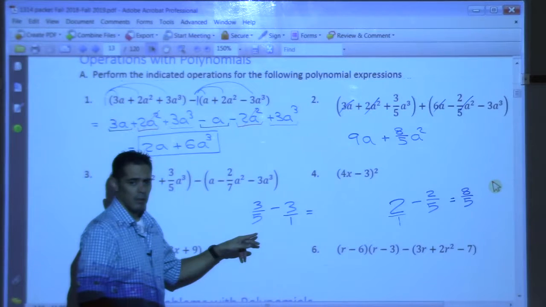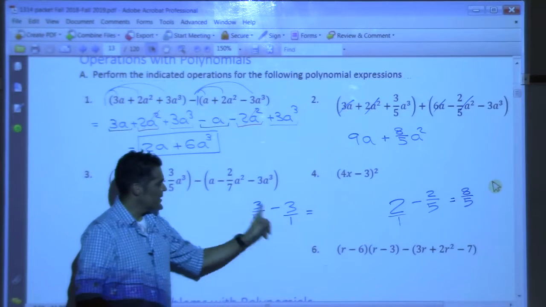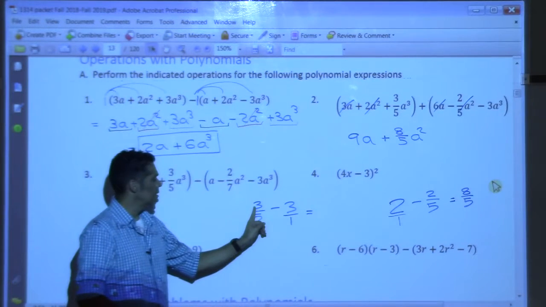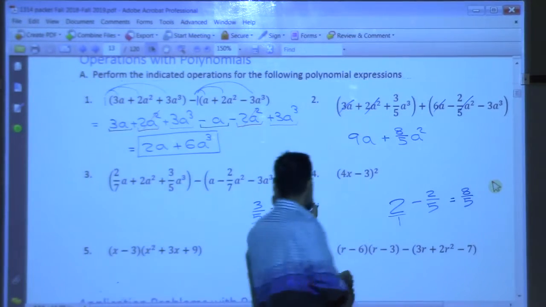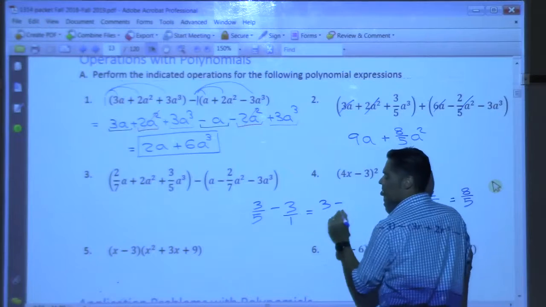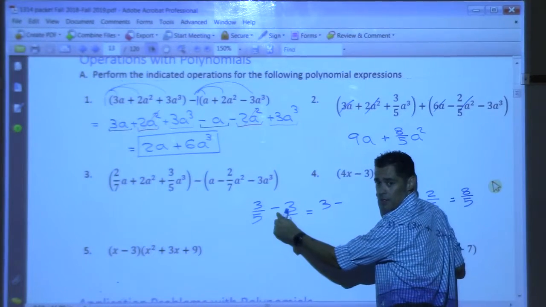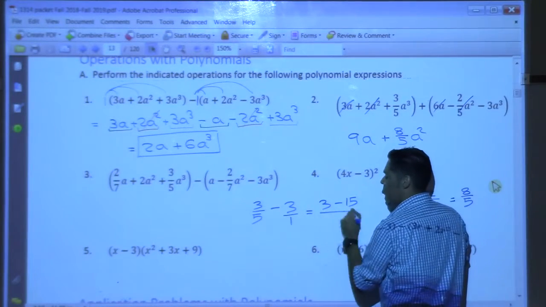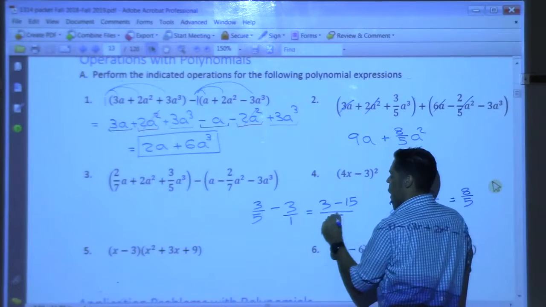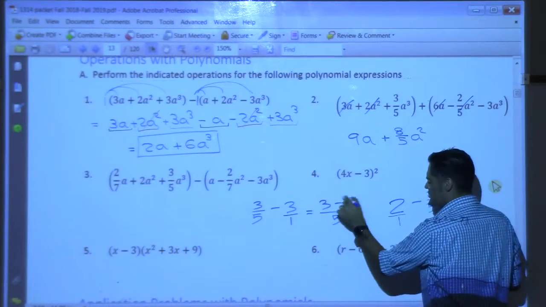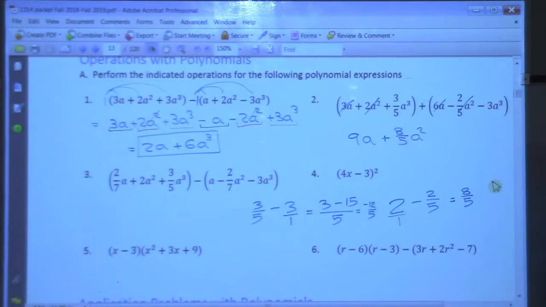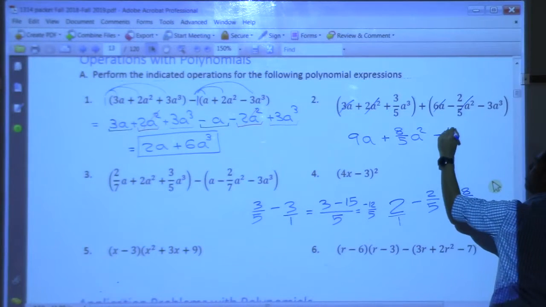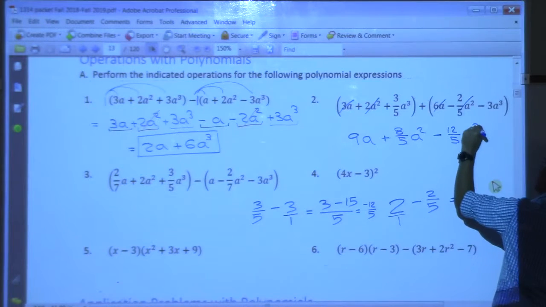When you do shortcut, you multiply 1 here to here, and then 5 times 3, right? Yes, so 1 times 3 is 3, right? And then you put minus, and then you said the 5 times 3? 15, and then over 5 times 1 is 5. And then that will give you, what's that, negative 12/5? Okay, so this should be minus 12/5 a cubed.